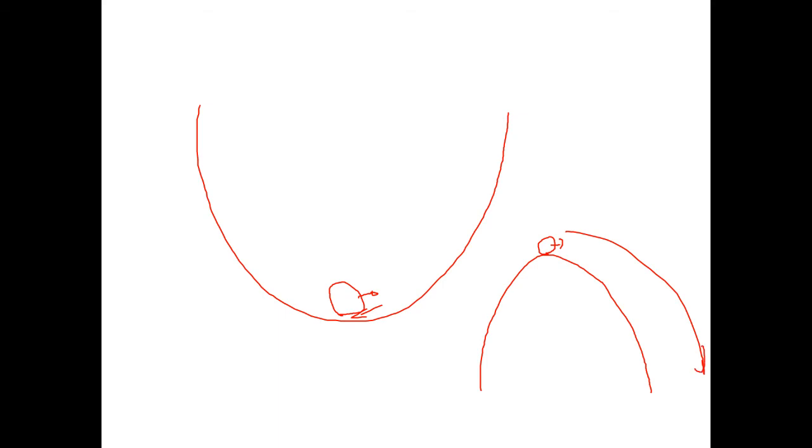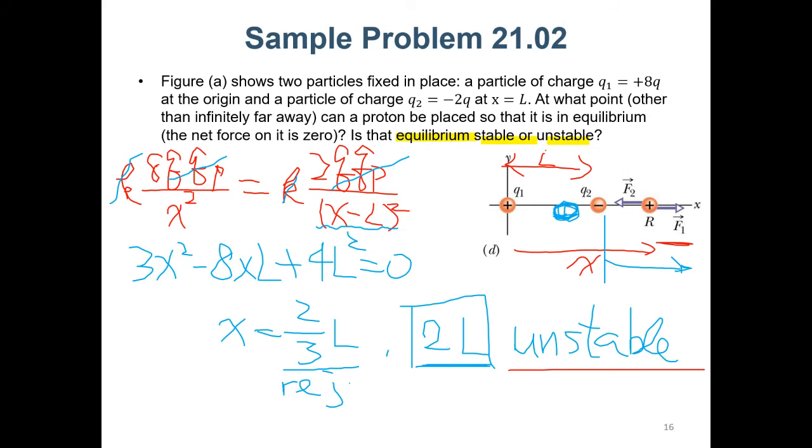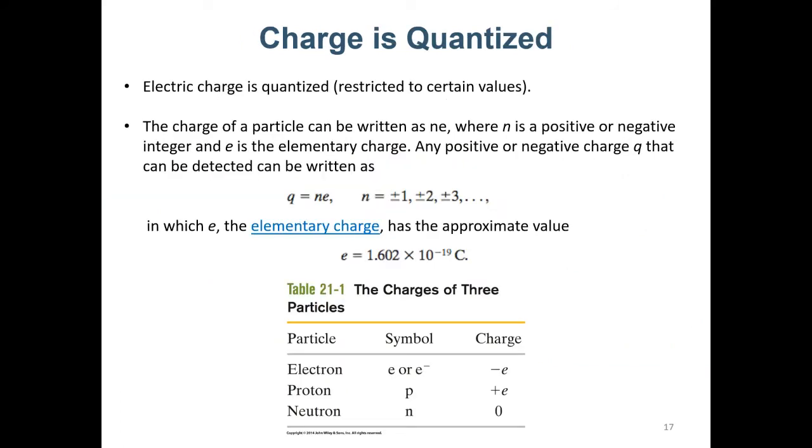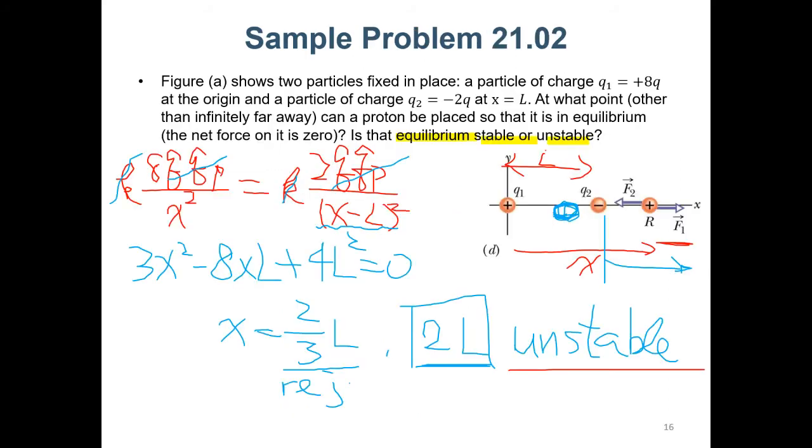Then this one is unstable and this one is stable. Maybe you will learn more about this concept later, and it may be a bit difficult to understand so far, but I try to explain it like this. So far, any questions? No questions.